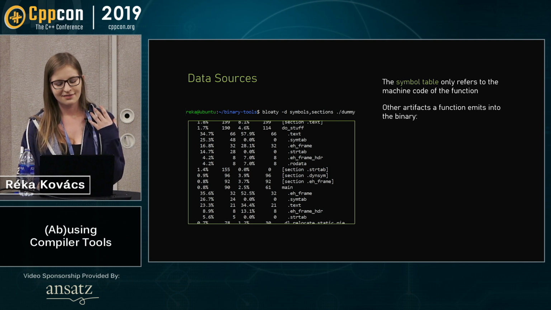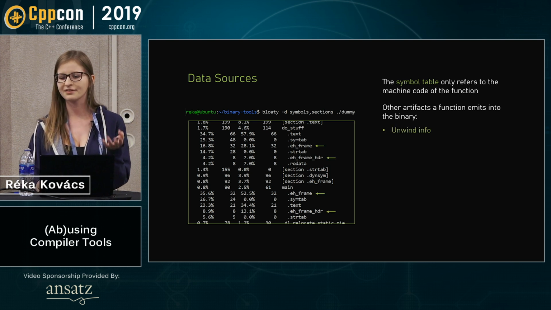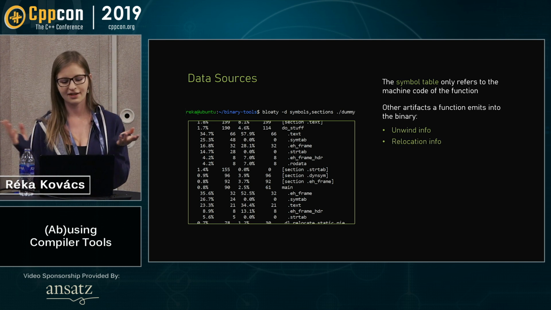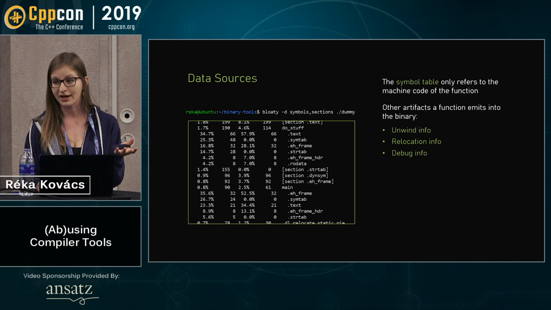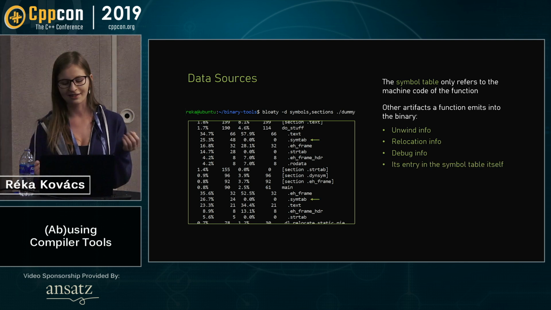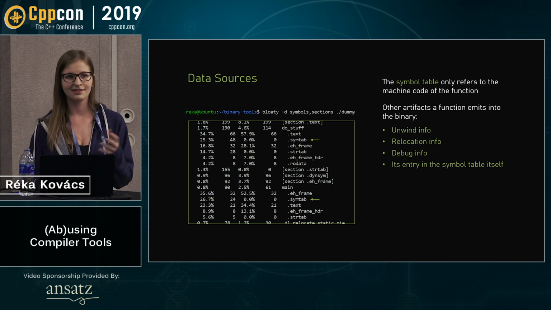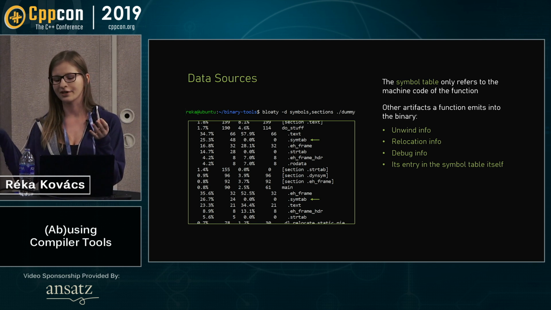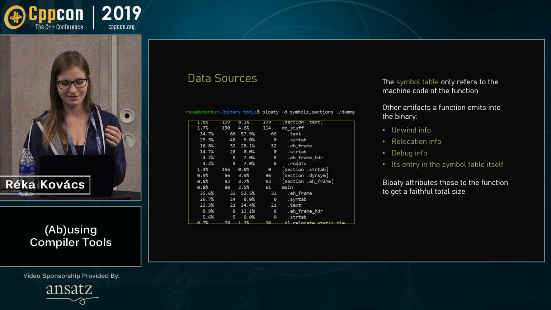So in fact, when you have a function, it generates a lot of other things into the binary. For example, unwind information for exception handling, relocation info, which isn't here, but it would be something like .rela.text, debug info, or actually the function's entry in the symbol table itself, because the symbol table entry gets you the pointer to the machine code, but the symbol table itself is part of the binary and takes up space.